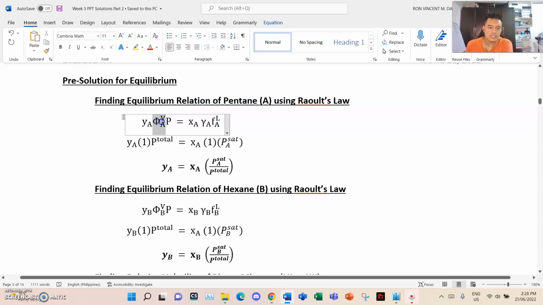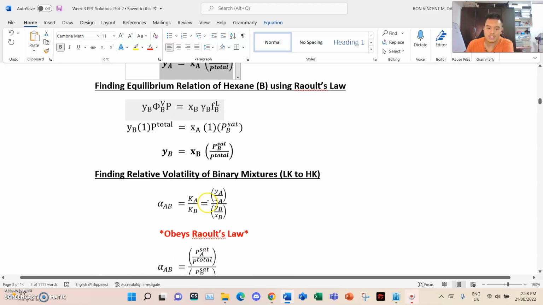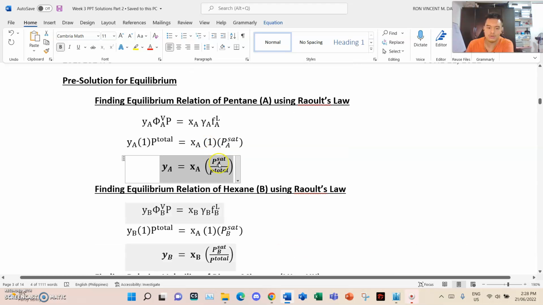The fugacity coefficient is 1 when assuming Raoult's law, and pressure is the total pressure. And the activity coefficient for liquid is 1 for Raoult's law, and the fugacity coefficient is at saturation pressure of A. So manipulating, we have a relationship, and in terms of hexane, it's the same procedure. So this is the relationship.